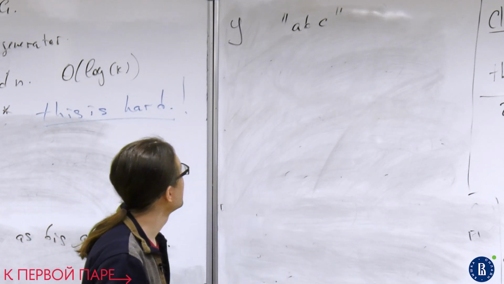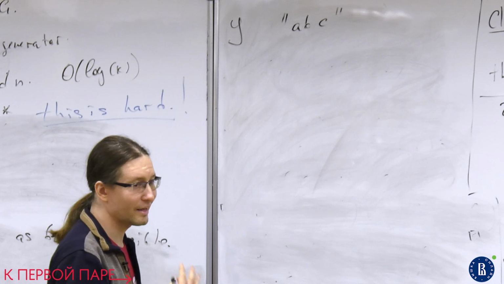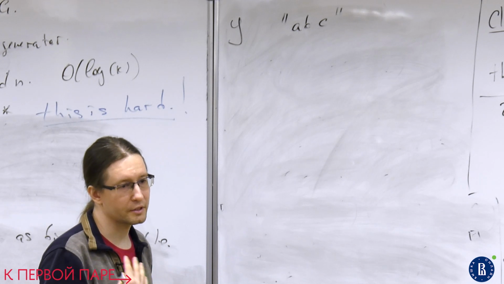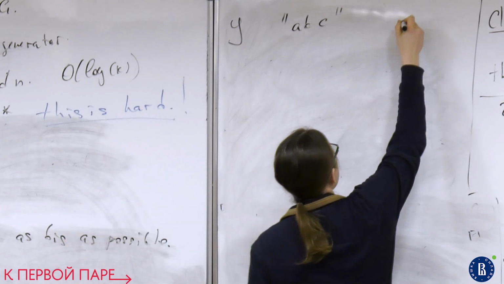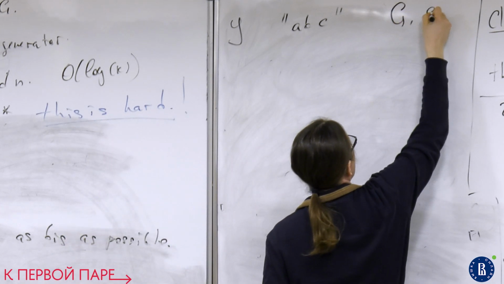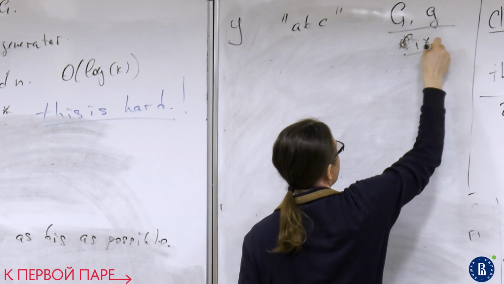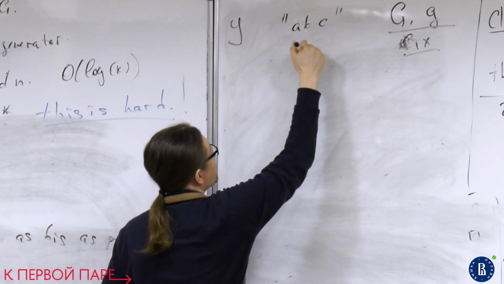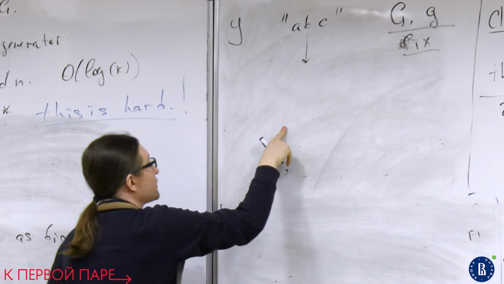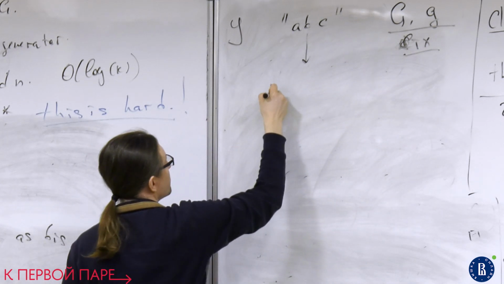Before doing any encryption or decryption, you should translate this string into a sequence of elements of some fixed group. So you should fix a group G and an element G small. We just fix them. Now, if you are given a string, you should translate this string into a sequence of elements of the group G.